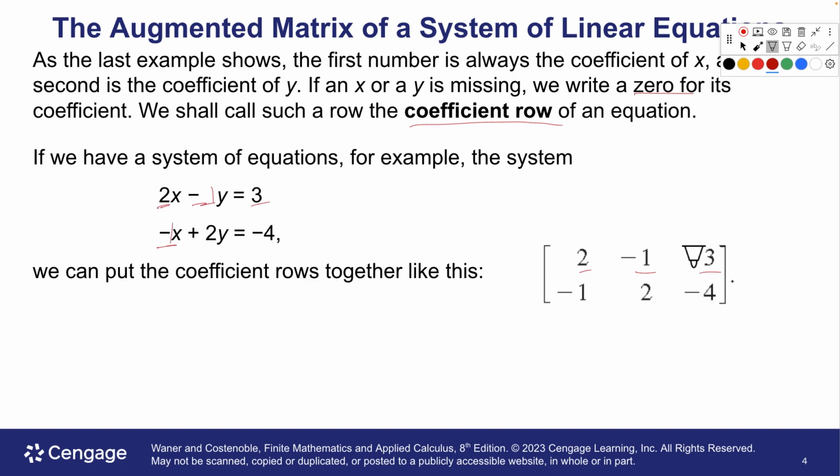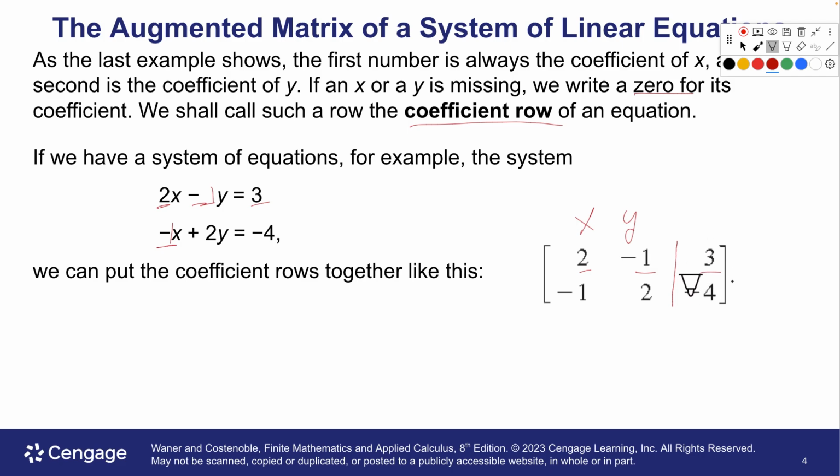And we call it augmented because these are our variable parts here, x and y's, and this is what it's equal to. When I was doing this back a few years ago, we would sometimes write a line here to indicate that that's where the equal sign was.